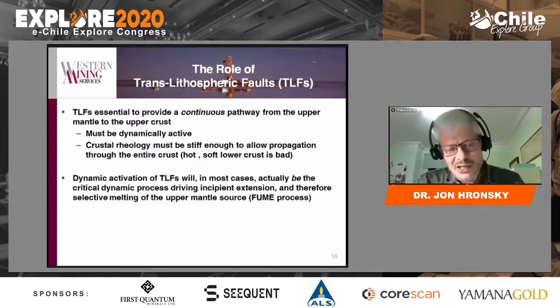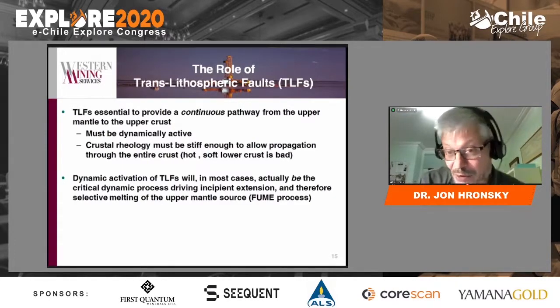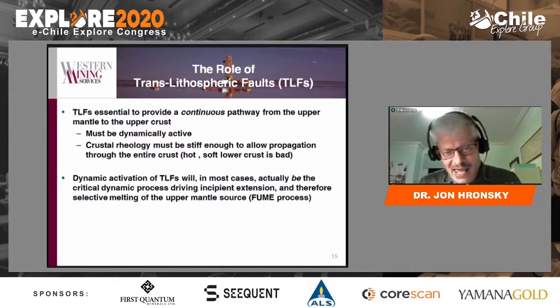The other point is, while these translithospheric faults are clearly important as providing pathways for FUME-derived products into the upper crust, in many cases, in fact probably most cases, dynamic activation of these faults will actually be the critical process that drives incipient extension, because in strike-slip faults, strain heterogeneity will do that.